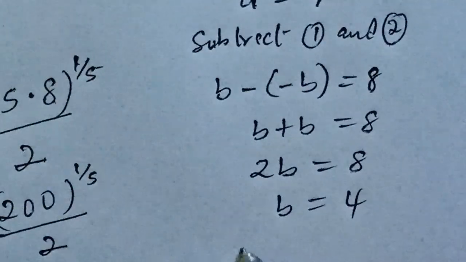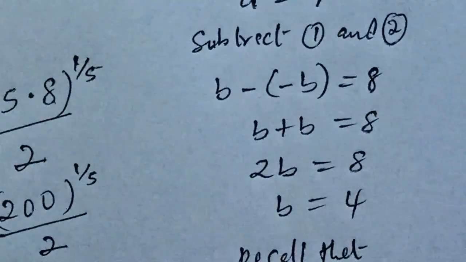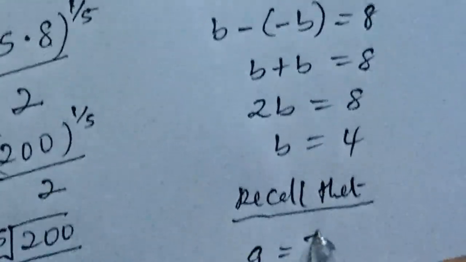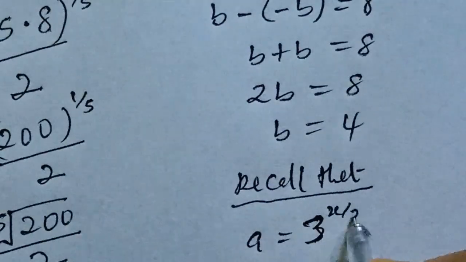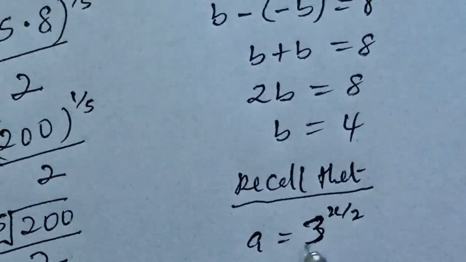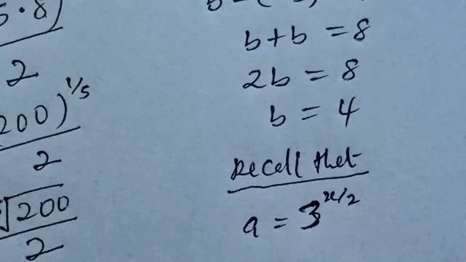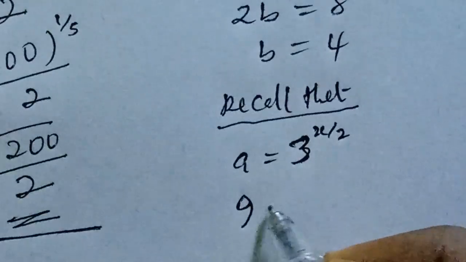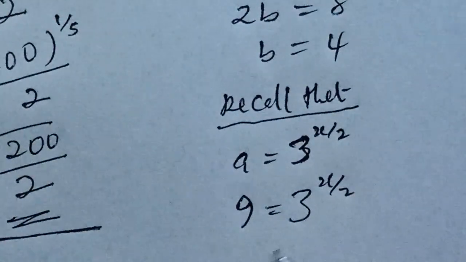So recall that a equal to 3 raised to power x over 2. Then we substitute the value of a, which is 9. So we now have 9 equal to 3 raised to power x over 2.